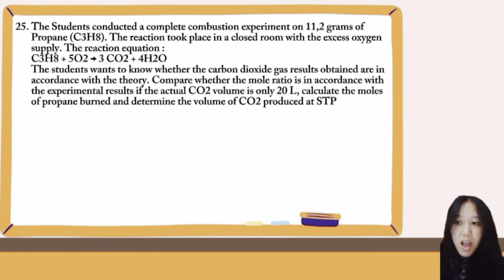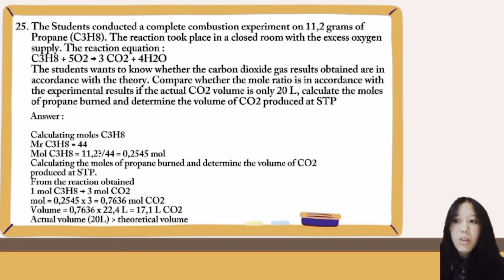Okay, let's discuss it. The first, calculate the moles of C3H8. The relative mass of propane is 44. So, moles of propane equal 11.2 divided by 44, which is equal to 0.2545 mole. Furthermore, calculating the volume of carbon dioxide produced at STP.